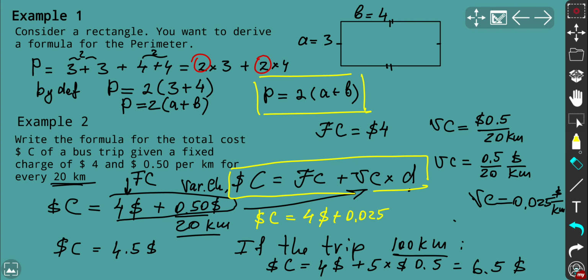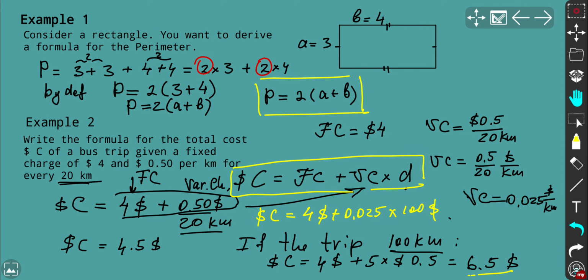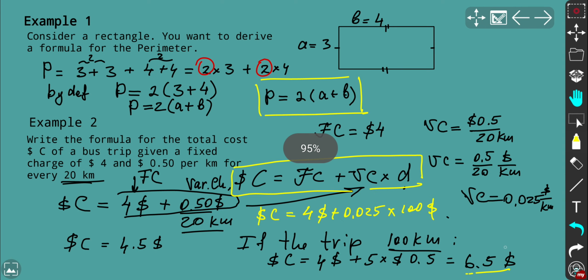In our case it's just 100, so you can check yourself, and if you multiply by 100, that's going to be in dollars in total. So you just simply transfer the decimal point right there and you'll get the same answer, which is $6.5 in total. Okay, so that's an idea how you can get the right formula for those two examples.